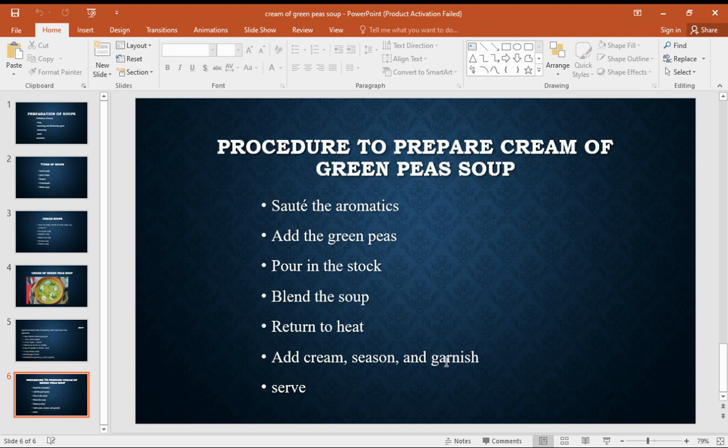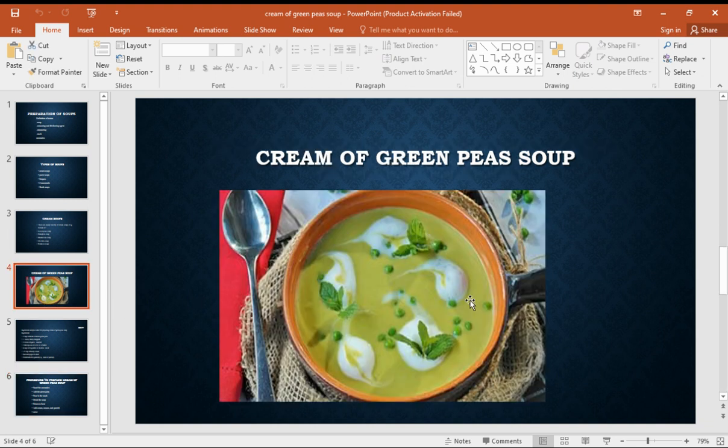You can also use some fresh green peas, or maybe if you're using the mushroom, you can use the mushrooms themselves to garnish the soup. You can also use the cream, like in the picture here that I have shown you. We have used the cream to garnish the soup.